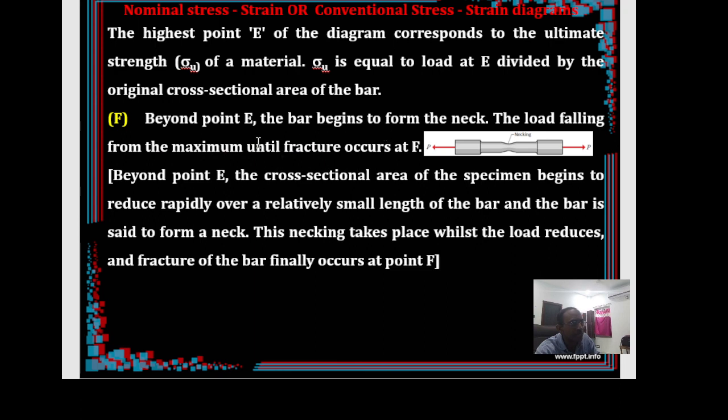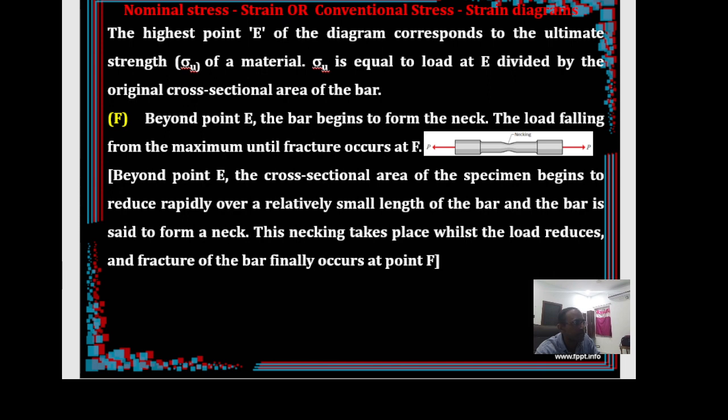What happens after that point, the bar begins to form a neck. So it forms a neck here, and then the load falls from the maximum until fracture. The last point we can call the failure point.